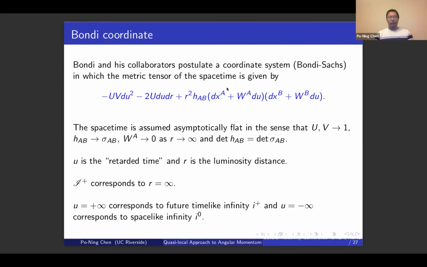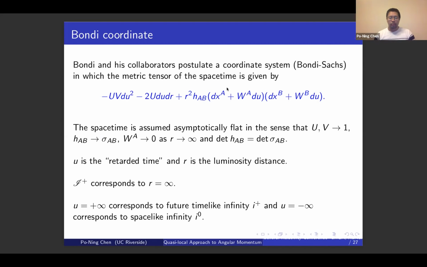Okay, so in the Bondi coordinate system, we assume, at least near infinity, we have the following coordinates for the spacetime. This is, of course, modeled over Minkowski space or even Schwarzschild spacetime. U and V go to 1. The induced metric h_AB goes to the round metric on S2. W^A goes to 0. If you set W^A to 0, h_AB to the round metric, and U and V equal to 1, you get the metric of Minkowski space.